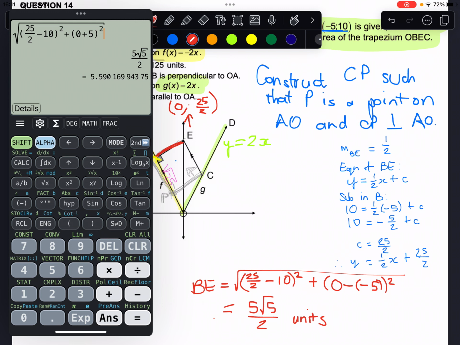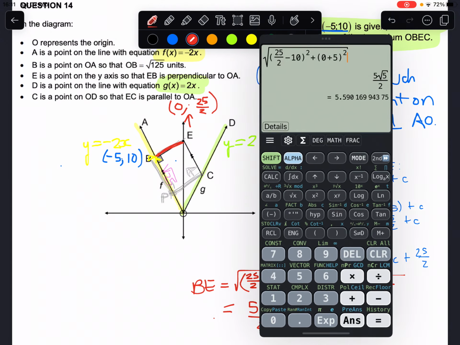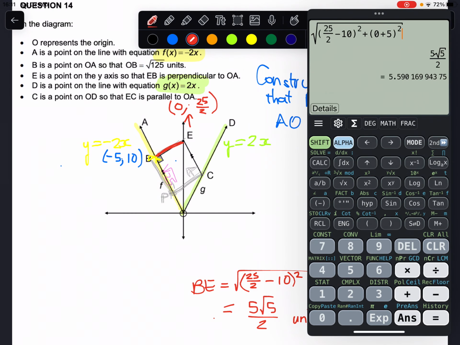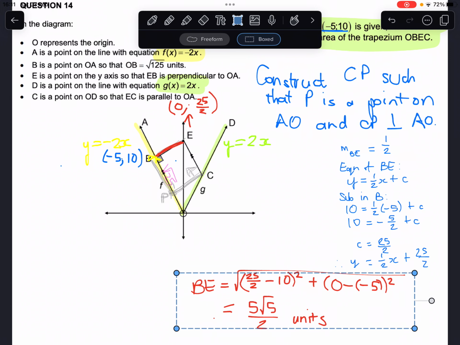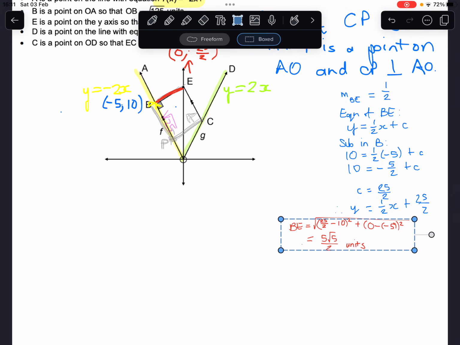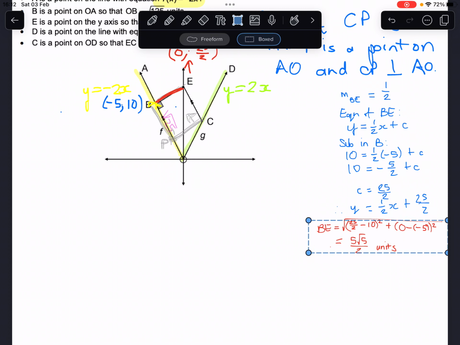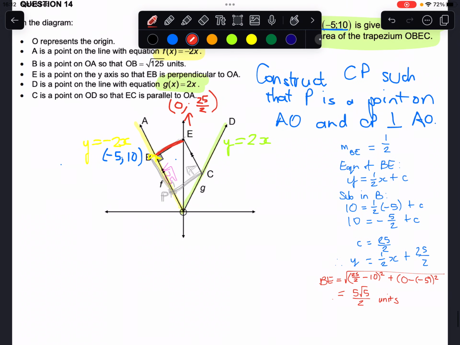And then comes the pain of trying to hide this thing. Okay, right, so let's shrink that. And I'm just going to fill it in here as well. So we have 5 root 5 over 2. Cool.